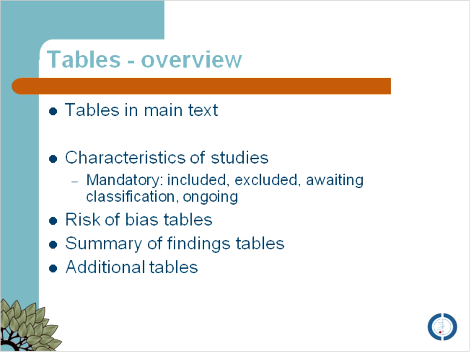And then to move on to additional tables, this is where, if you have data that don't go into your data and analyses section, for example, if there are other tables you want to create within your review, it makes sense to do that here. So I'll just click Add Table, and then you would add a title, and I'm just going to say outcome data for, and I'm just going to add a sample comparison.